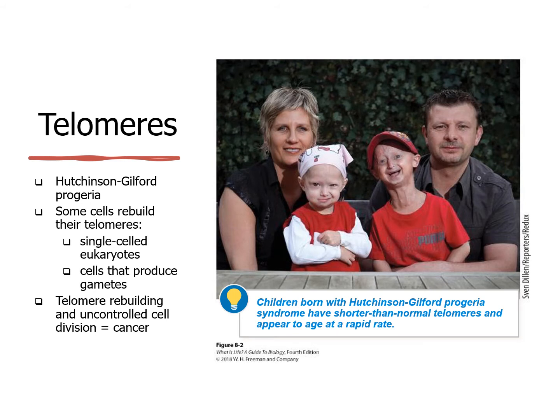So when there are malfunctions in the telomeres, you can sometimes get a condition called Hutchinson-Gilford progeria. These siblings shown in this picture both have progeria. This is a syndrome that causes shorter than normal telomeres, so they're particularly short.